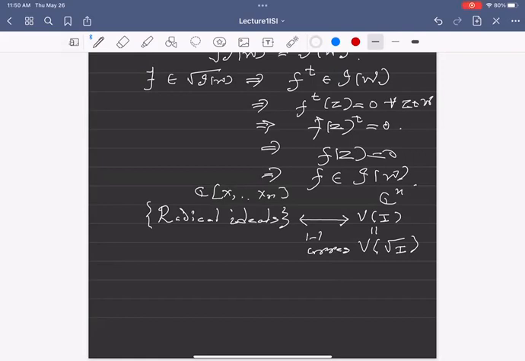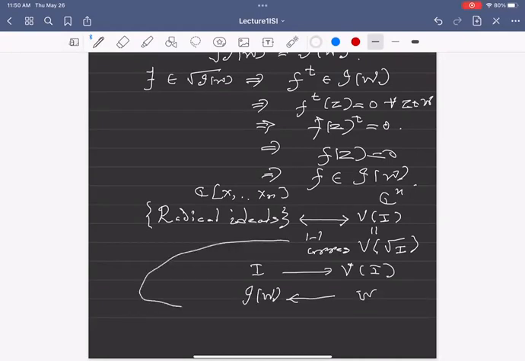So this map is: take the ideal and map it to the variety. And the reverse map is: take an algebraic variety W and map it to the ideal of W. These maps are inverses of each other. This is a one-to-one correspondence.